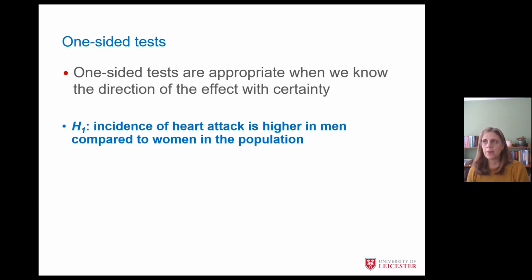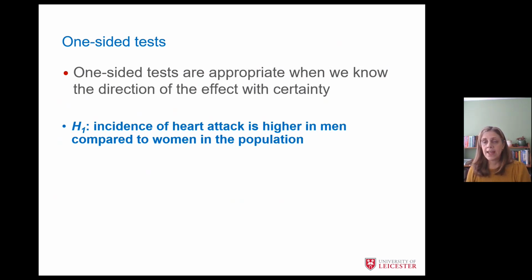I would always recommend doing two-sided tests, because when your work is being peer reviewed, you would have to be able to convincingly argue that the relationship could only go in one direction to justify having a one-sided test.